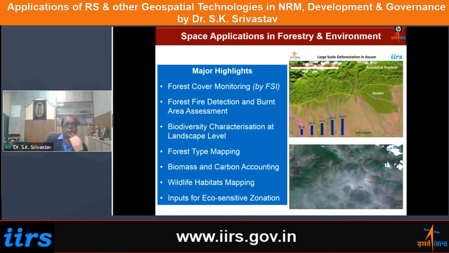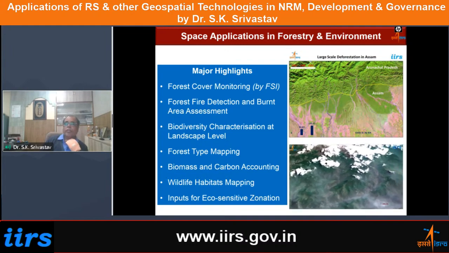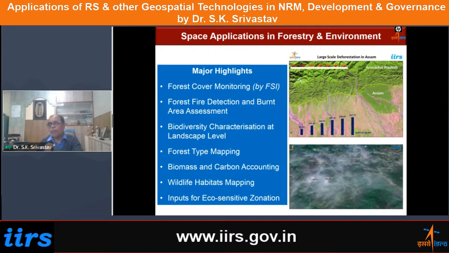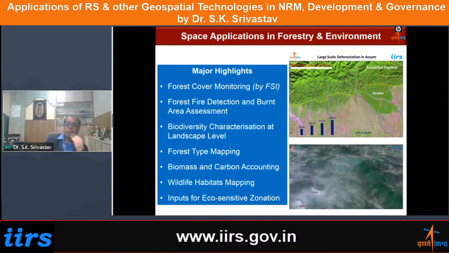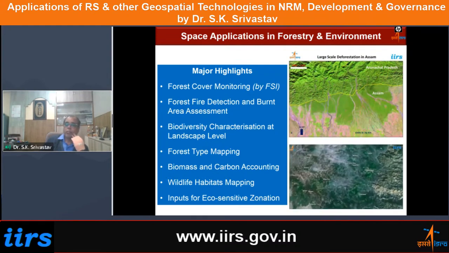Then we have another very important application. You might have heard that particularly during the summer season, somewhere around February onwards up to May or even June, in many areas forest fires take place.